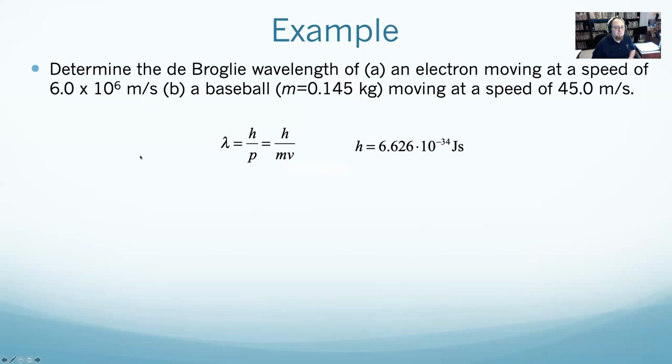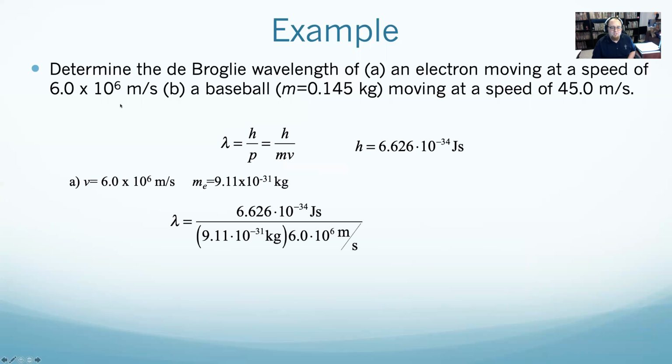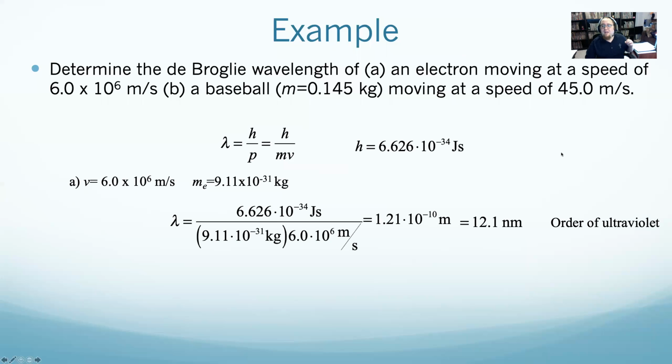For an electron, the mass is known and the velocity was given. Plugging in, you get 1.21 times 10 to the negative 10 meters. That's 12.1 nanometers, in the ultraviolet range. That is a wavelength of light that we know how to deal with, so it makes sense we have to treat the electron the same.